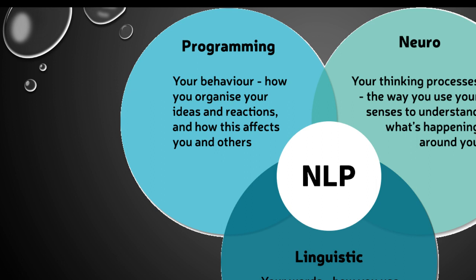Neuro is about the brain component: the way you think, the way you process information, events, stimuli, data, whatever you want to call it, how you understand and categorize what's happening around you through the senses: taste, smell, touch, sight, and hearing. It's the way you comprehend those things and how you assign meaning to them. That is the neuro part.